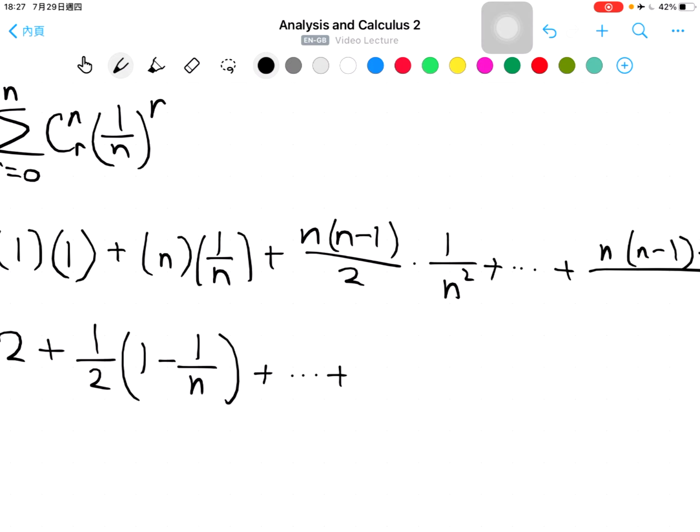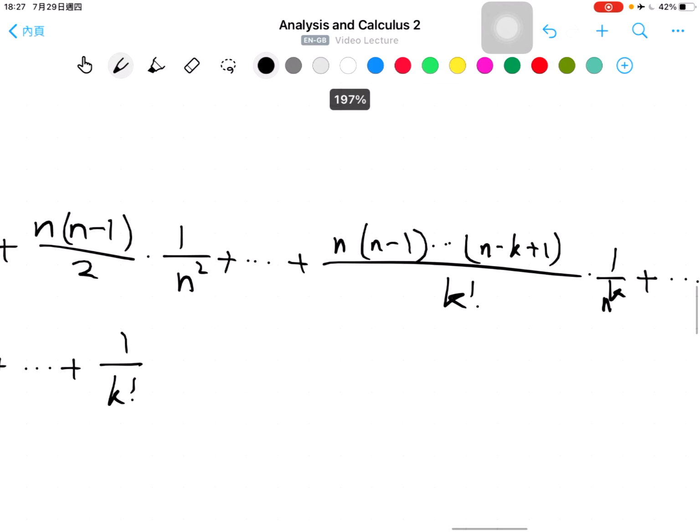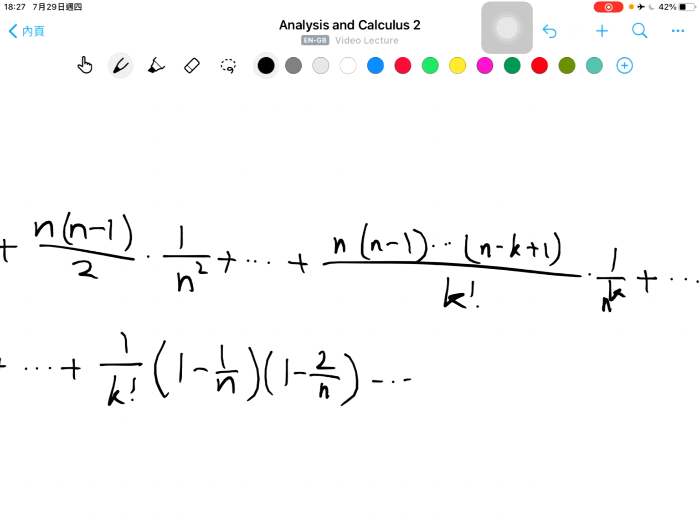And then similarly, I'm going to take out this k factorial for the kth term. For n to the k, the rest of the stuff is going to become (1 minus 1 over n), (1 minus 2 over n), (1 minus 3 over n), and all the way up to (1 minus (k minus 1) over n).